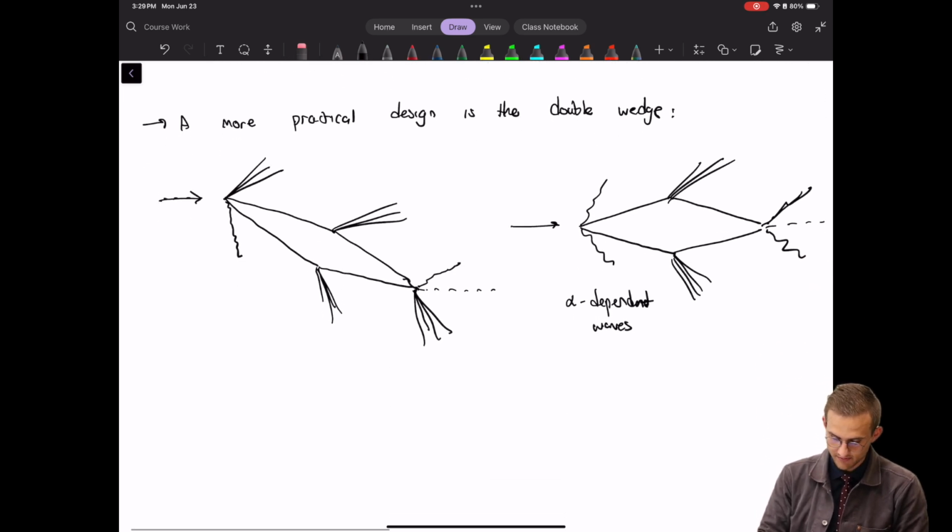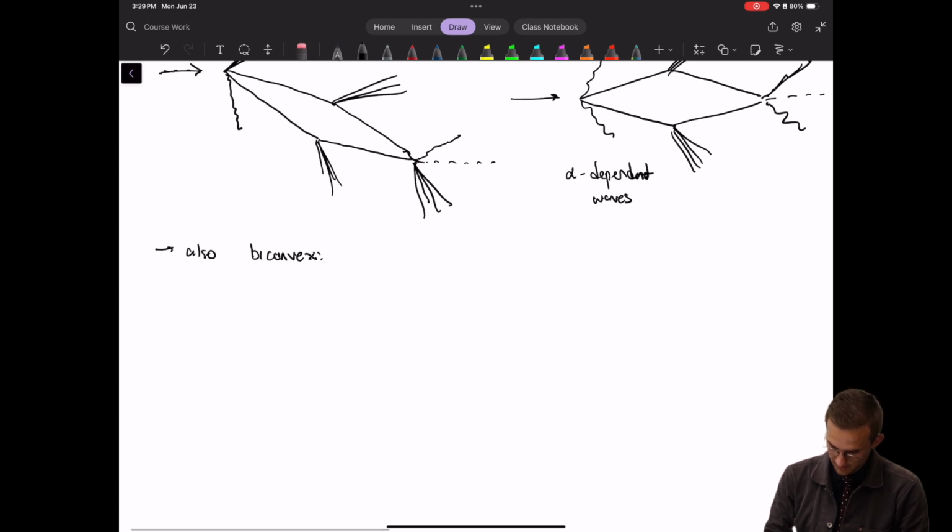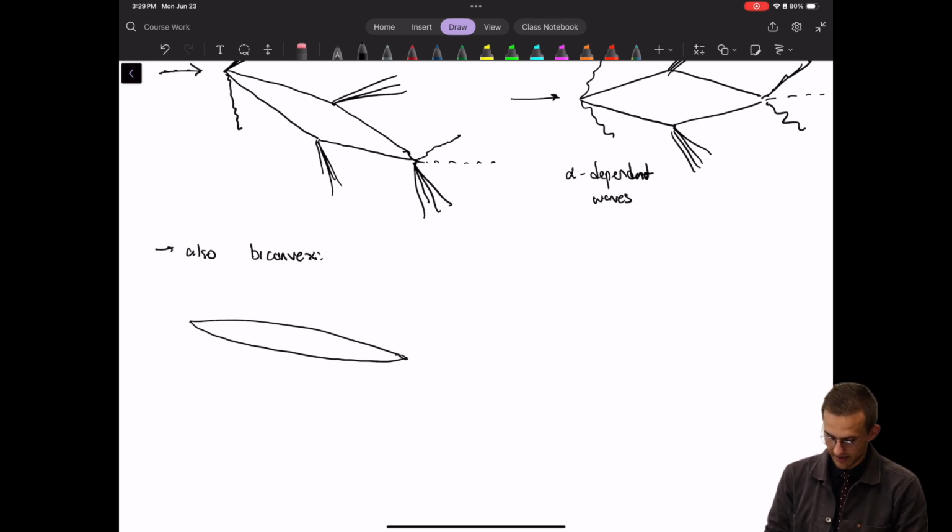You can also have biconvex airfoils, which based on the name you can guess, it has a sharp leading and trailing edge, but it's a gradual surface.